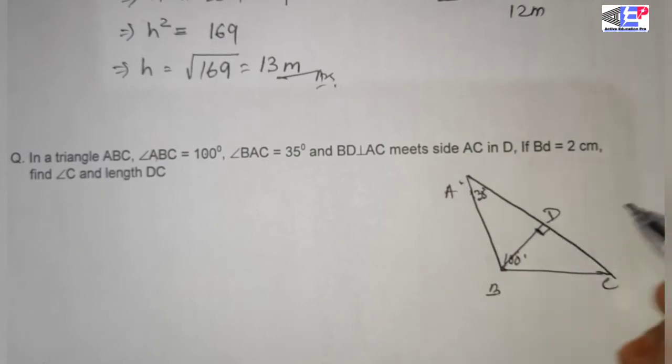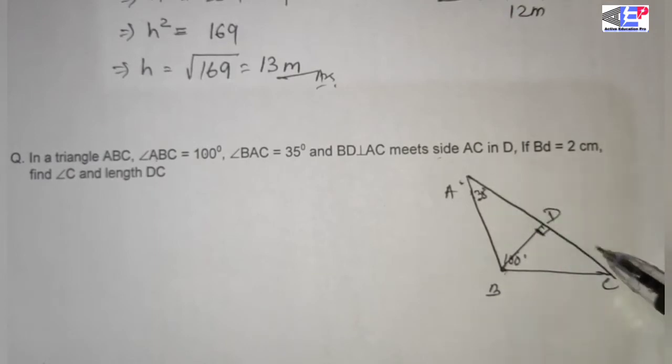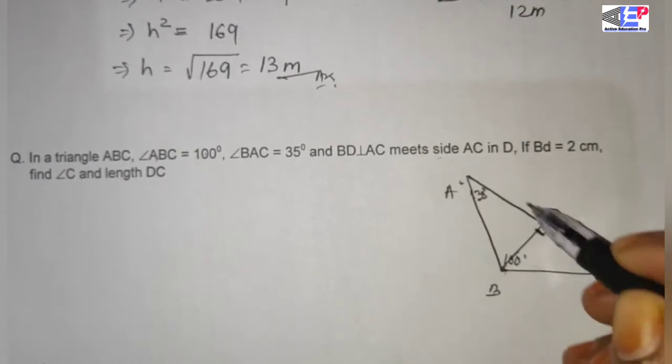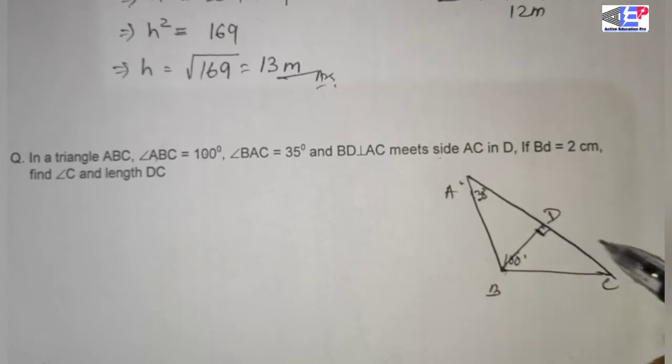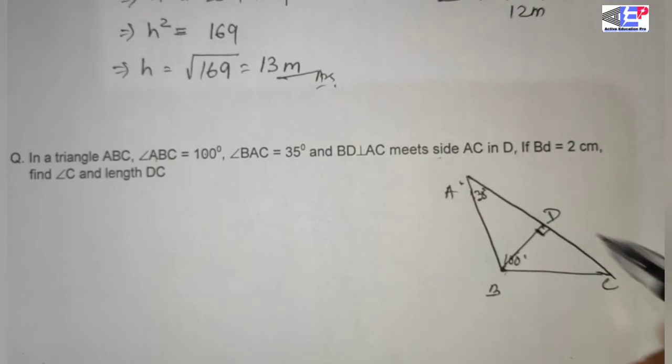So this line BD is perpendicular to AC, and here the point is D, meeting side AC in D. There is a point D on AC, and BD is perpendicular to AC.